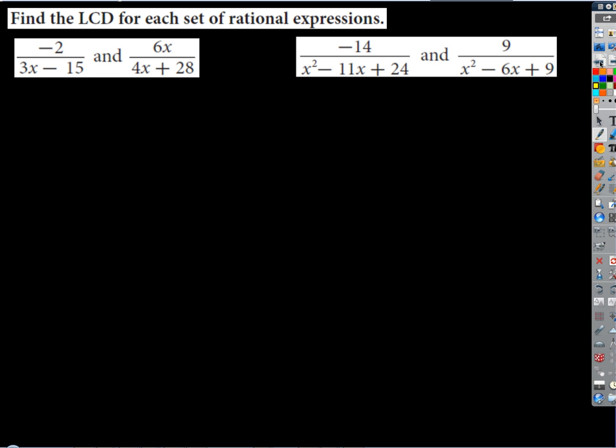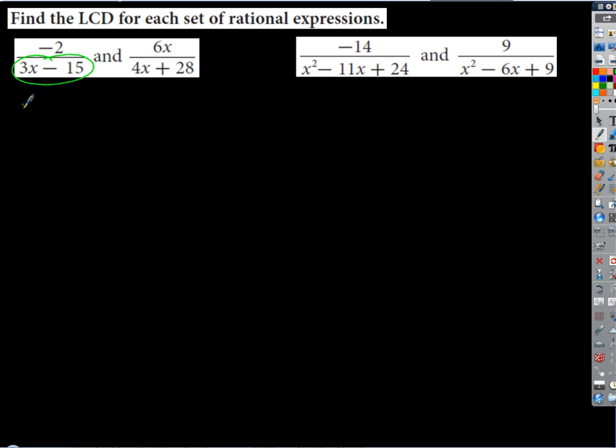Now let's focus on variables. How can we do this with variables? It's exactly the same concept. First of all, let's just find the least common denominator of these two fractions, right? So let's take the green denominator and break that up into a product of factors. What does that factor into?